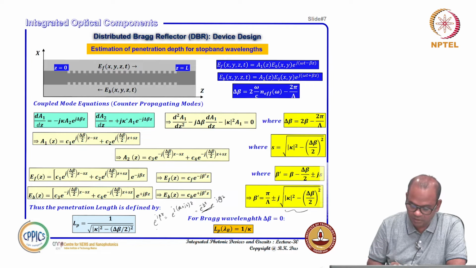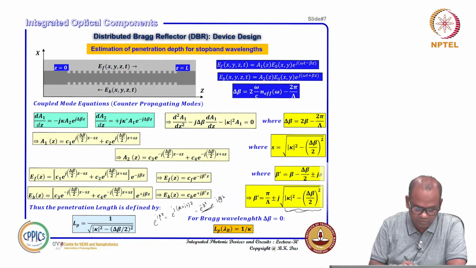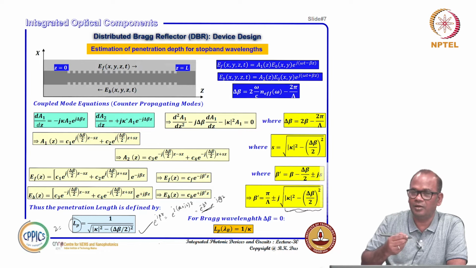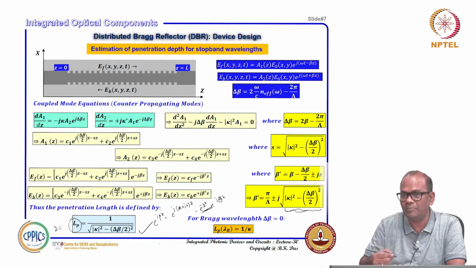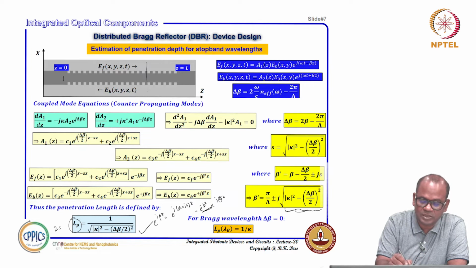So we can consider this b in this case is this one, and if z equal to LP, then the field amplitude will be attenuated to 1 by E. So that is the 1 by E penetration rate: on the surface if it is 1, then after distance LP, at z equal to LP, the amplitude will reduce to 1 by E.